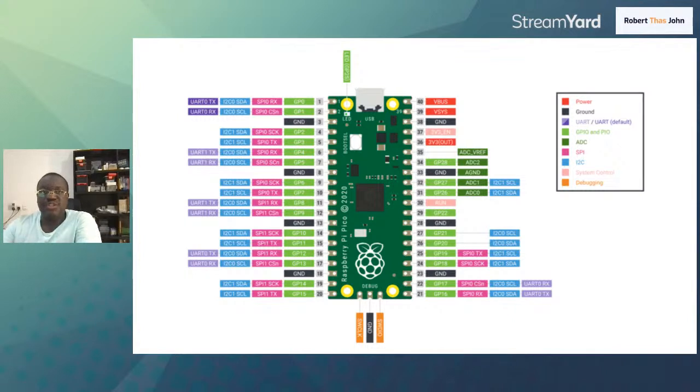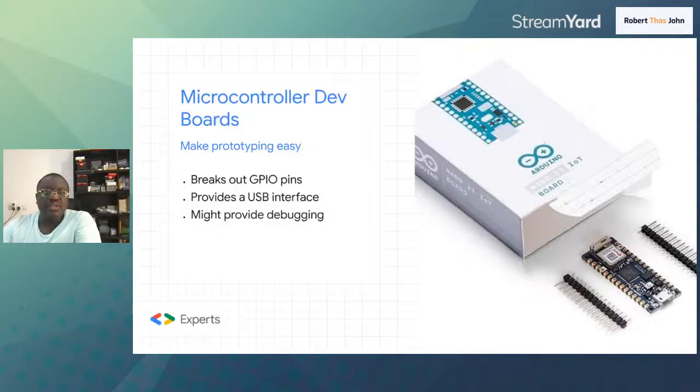Right, so moving on, and don't worry too much about the pinout diagram for now. You'll have access to it much later. So moving on, microcontroller development boards, in summary, they make it possible and easy for you to prototype solutions.